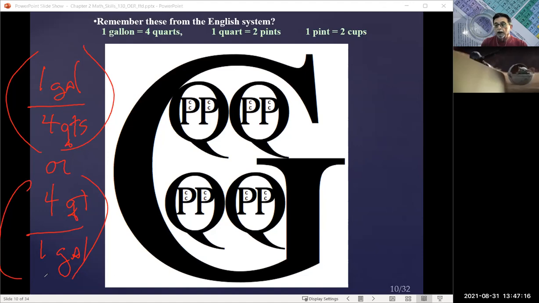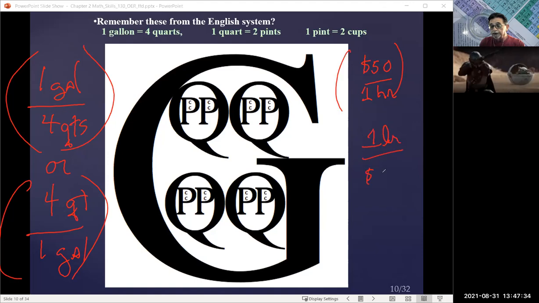Just like $50 per hour, I could write it that way, or I could write it with 1 hour per $50. Same thing with miles per hour, and so on. So every factor here I can write in 1 of 2 ways.